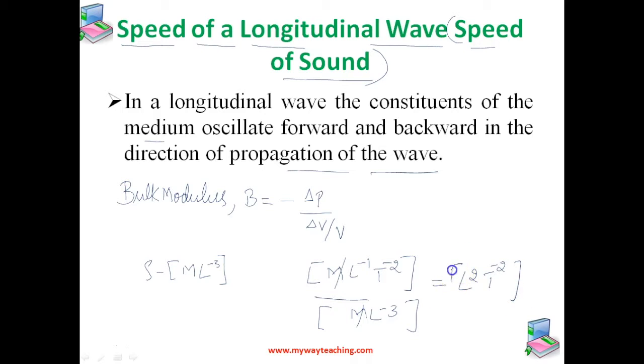So this is the dimension of B by rho. Thus, if B and rho are considered to be the only relevant physical quantities, then we can write the velocity expression as v equal to C square root of B by rho.